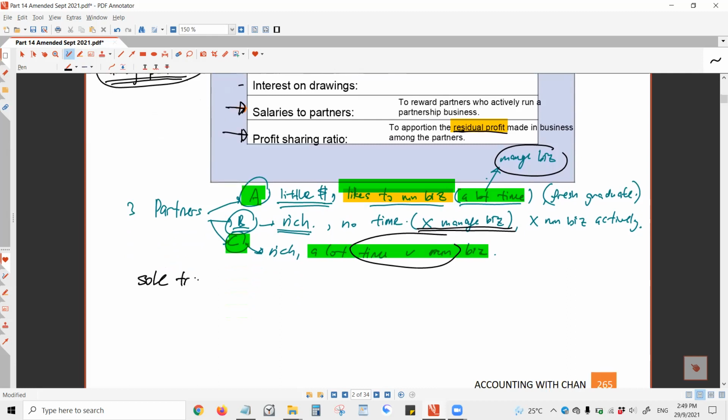Now, putting the partnership aside, we look at how a sole trader runs a business. When you are a sole trader, that means you run your business alone. And why do you want to run a business? Of course, to make money, right?